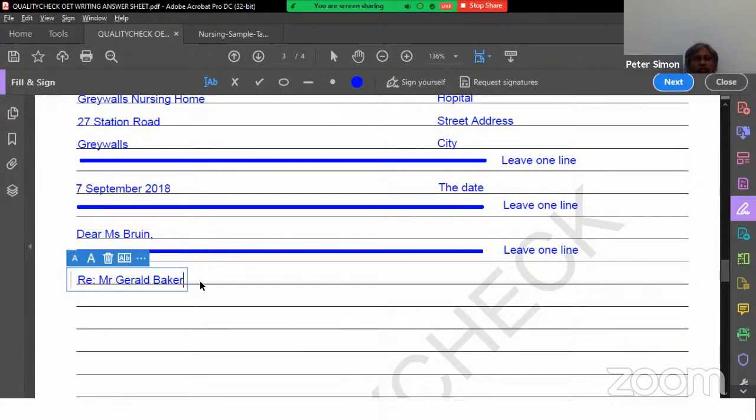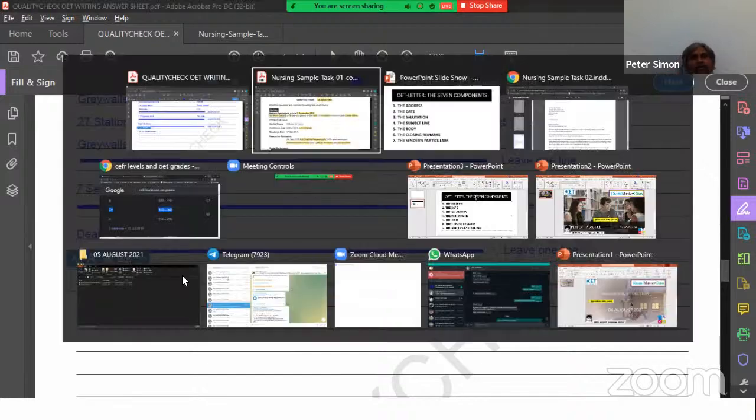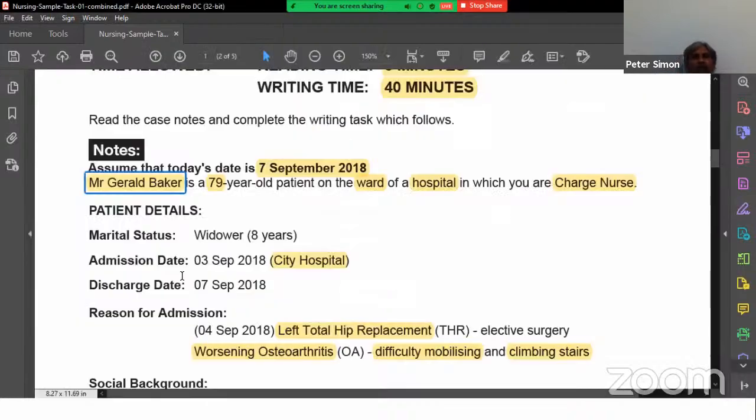Regarding Gerald Baker, comma. Then what is given there? Is it the age or the date of birth? If the date of birth is given, write date of birth. If the age is given, write age.